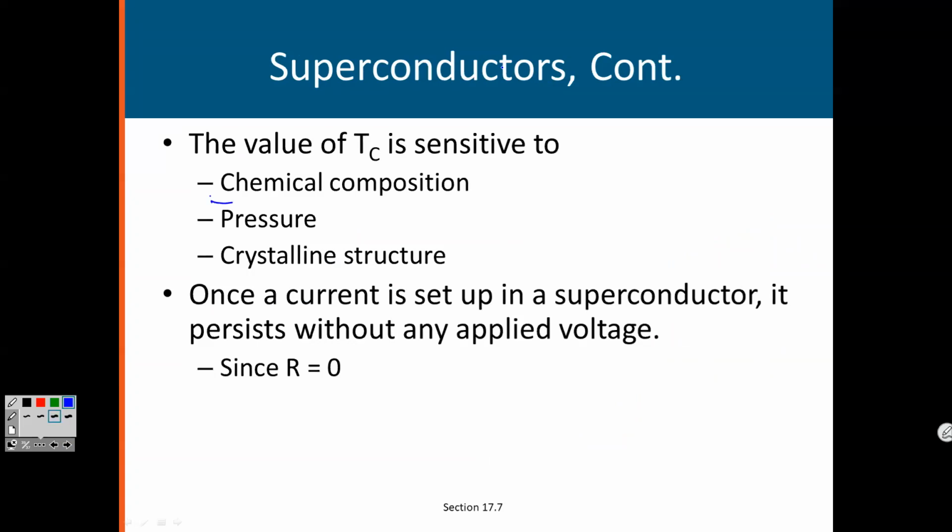We can have different elements mixed in a certain proportion, then we can change the critical temperature of that compound. It also depends on the pressure. By applying high pressure, we can bring the critical temperature up. And also the crystalline structure can be manipulated to make it a superconductor at a higher critical temperature.